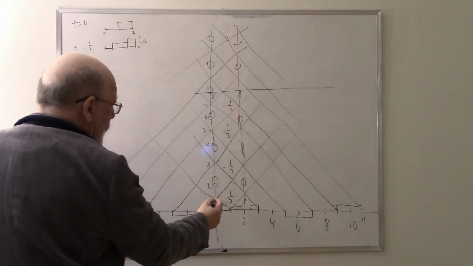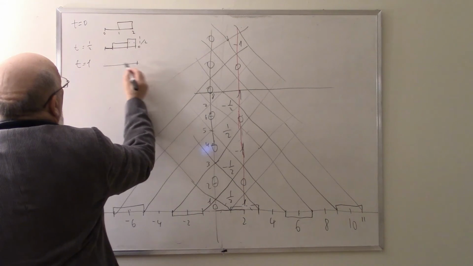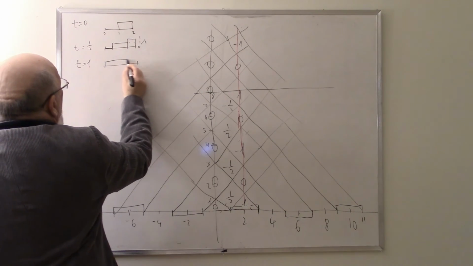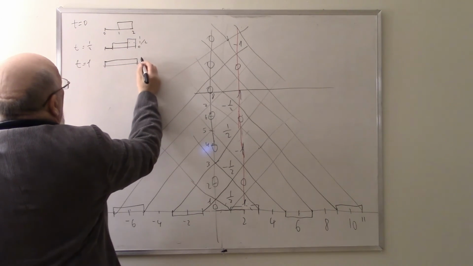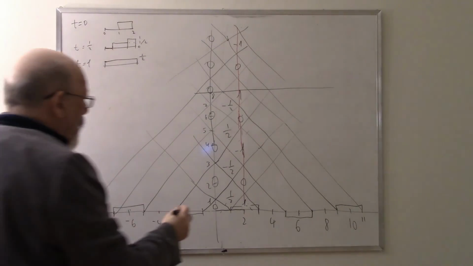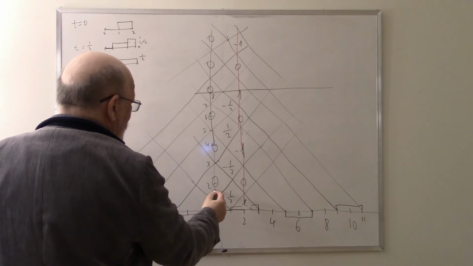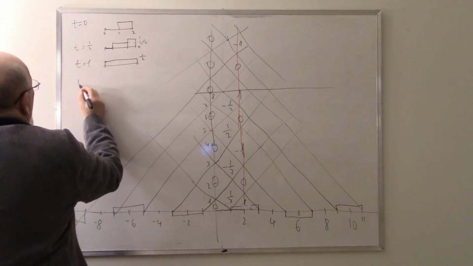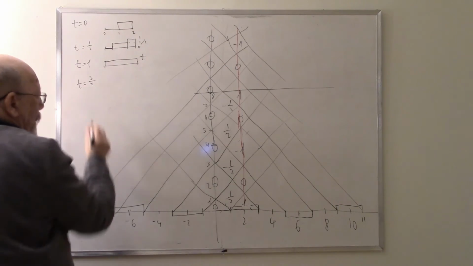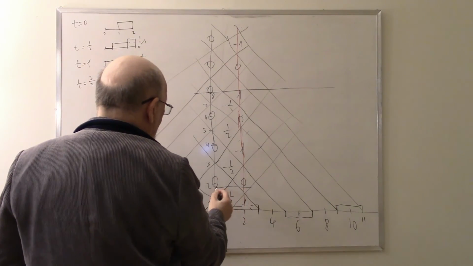T equal 1: it is all 1/2. For t equal 3/2, it is here.